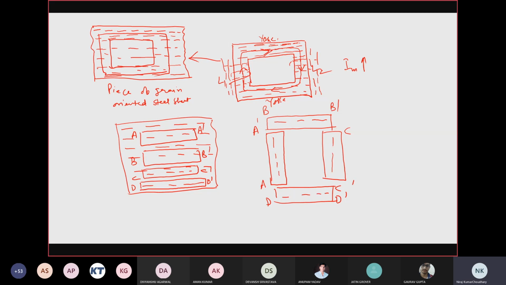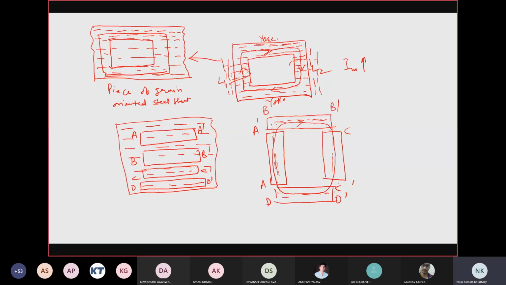Now, if all these cut cross sections are joined together with the help of, suppose, a bolted joint or whichever mechanical procedure is used for joining, you can see that almost in all the limbs, except the joining corners of the sheets, everywhere inside this magnetic material the direction of flux will be parallel to the direction of grains.